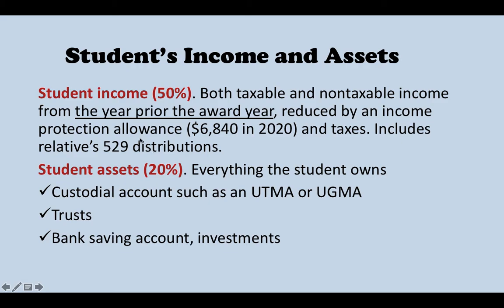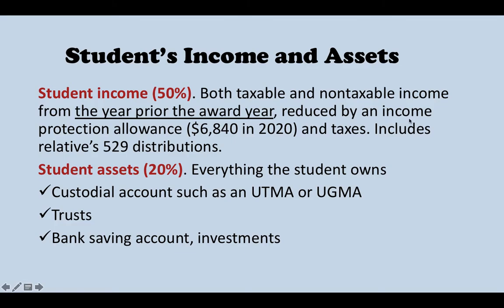Let's see the student income and assets. Anything in the student's name is usually counted at a higher percentage. The more the student owns, the less eligible for financial aid.